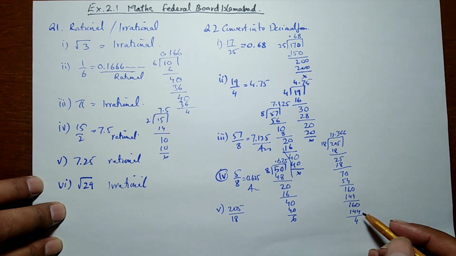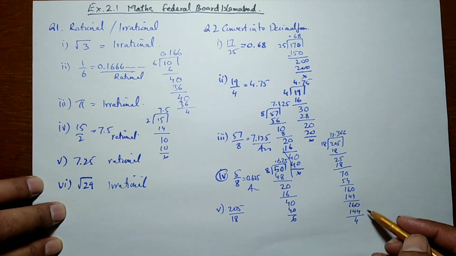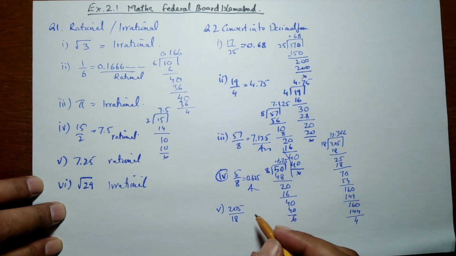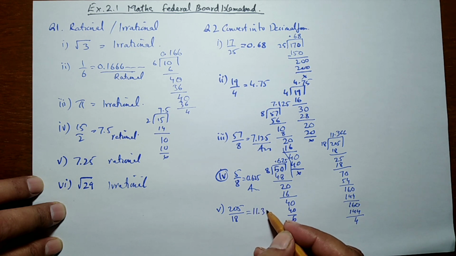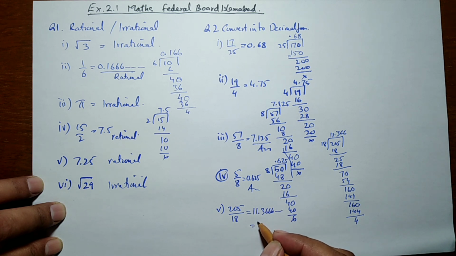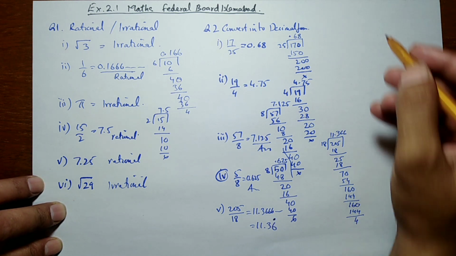You can see this process continues on and on, and our answer will continue like 11.3666. So we can just write the answer as 11.36 with a dot over the 6. This dot represents that this 6 is a recurring number.